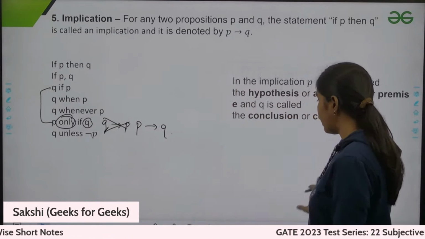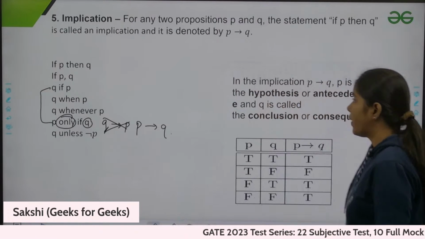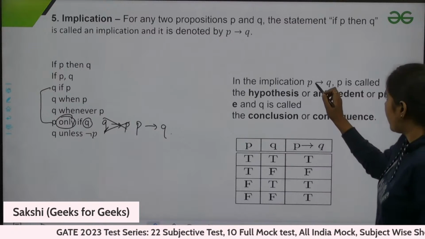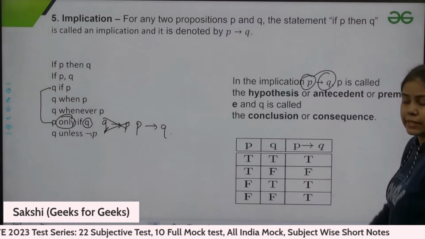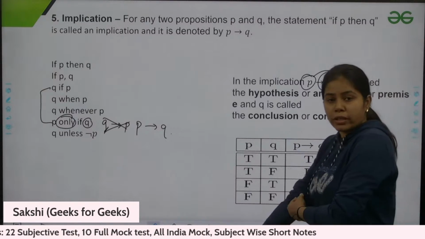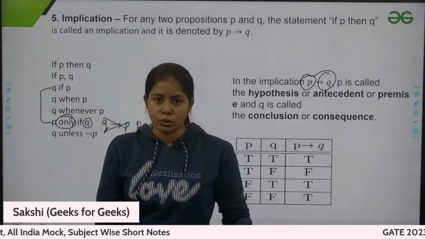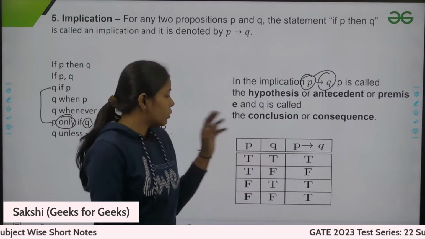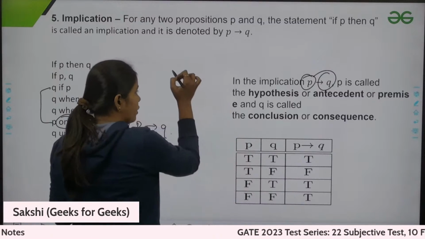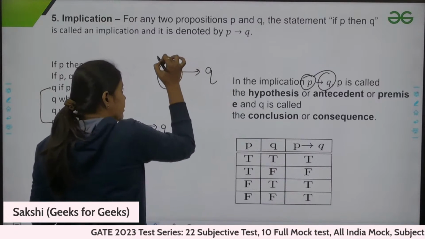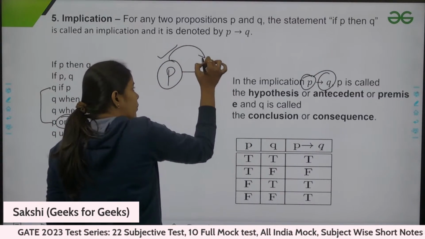Okay, next thing is, in implication, this P is called hypothesis and Q is called antecedent, right? Now the important thing is how to find out the truth value, because at the end we have to work on truth value, right? So P implication Q means if P then Q, that means if P is true then Q will be true.